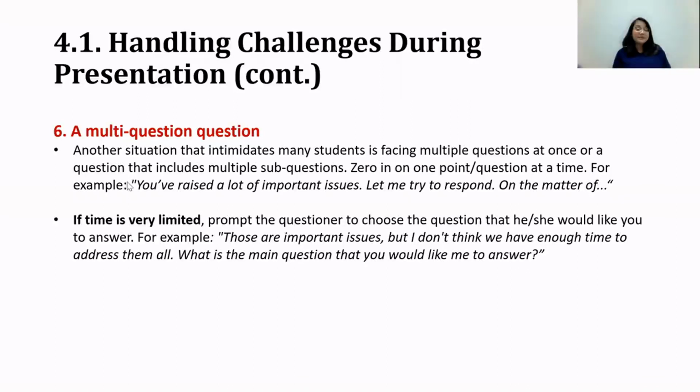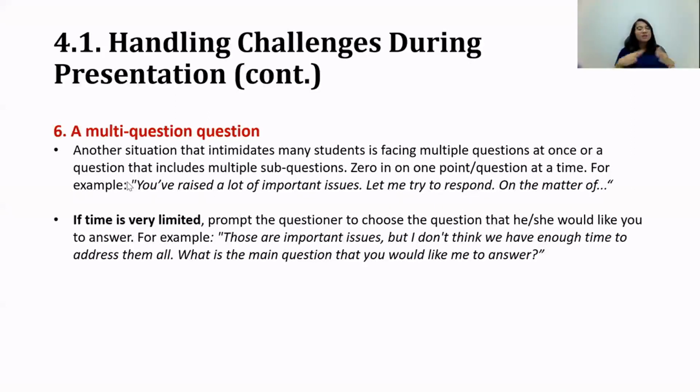If time is very limited, prompt the questioner to choose the question that he or she would like you to answer. For example, those are important issues, but I don't think we have enough time to address them all. What is the main question you would like me to answer? So it's okay to not accommodate all the questions and sub-questions together.